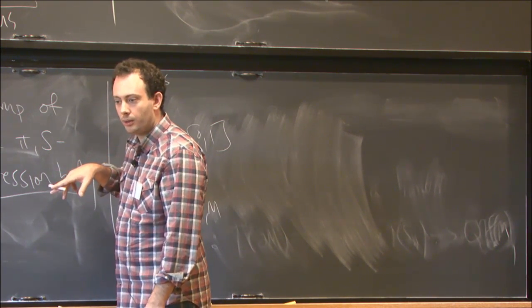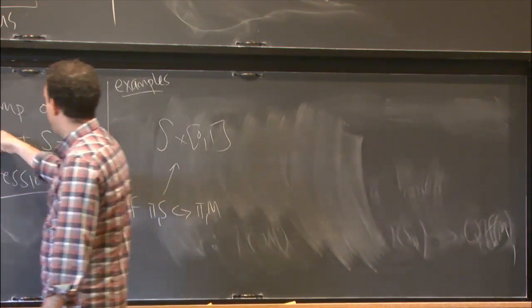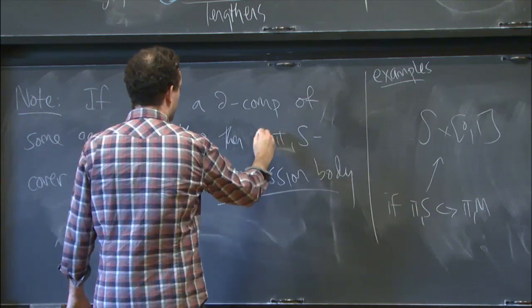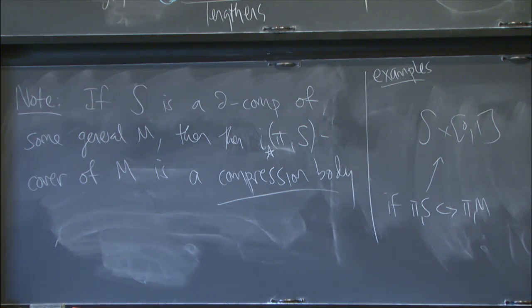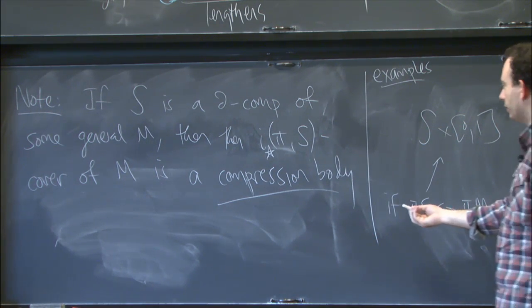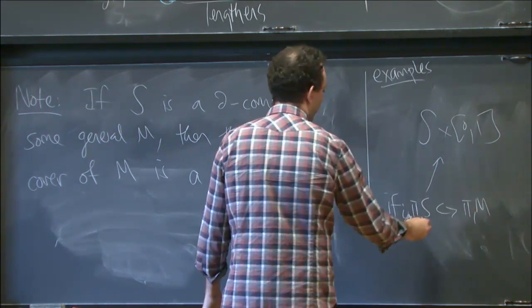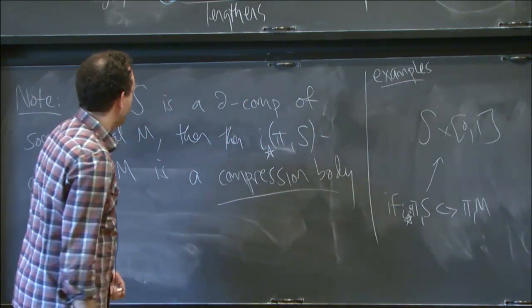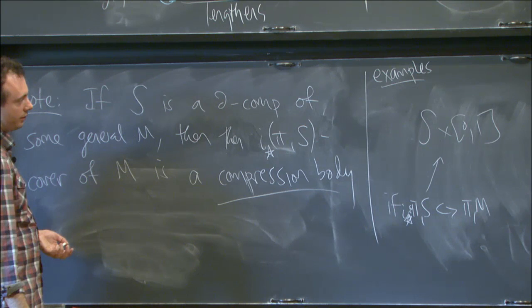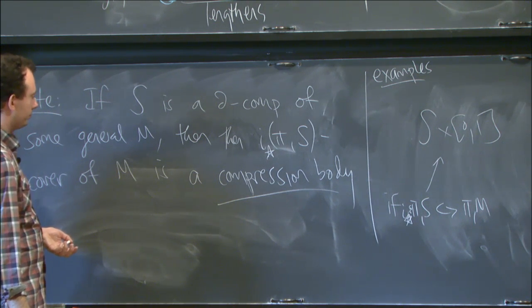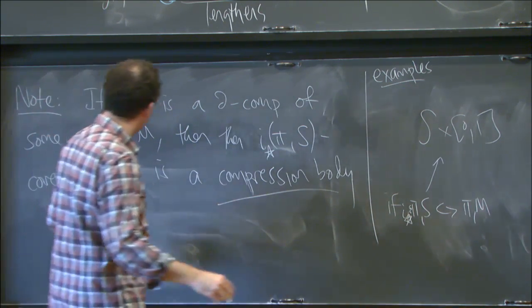Right. Okay. Maybe to emphasize this, I should say the i star of pi 1 of S cover of M. And so if i star is injective, then this cover is S cross something.